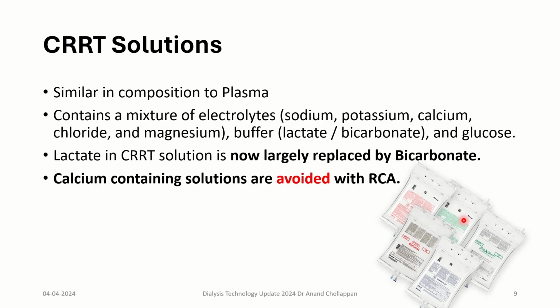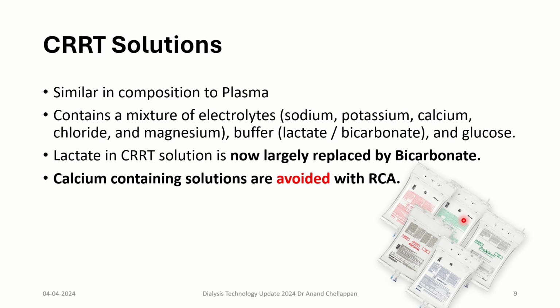What are these CRRT solutions? These solutions are similar in composition to the plasma. They generally contain a mixture of electrolytes like sodium, potassium, calcium, chloride and magnesium. A buffer like lactate and or bicarbonate and glucose.